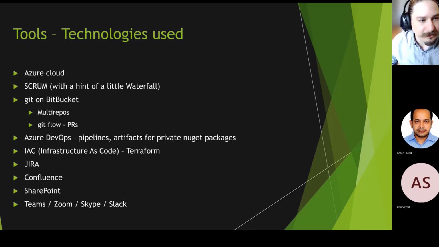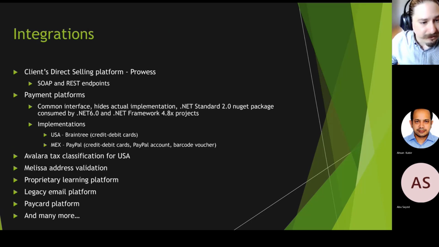All right, so we have a lot of integrations. The most important is the client's direct selling platform. This is called Pravas, and it's shipped by Thatcher Tech, as far as I remember.